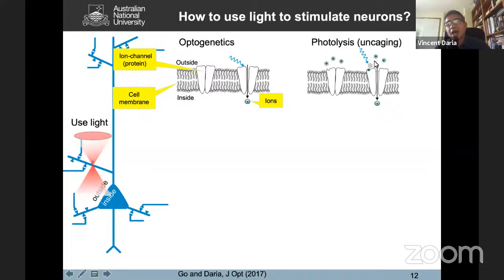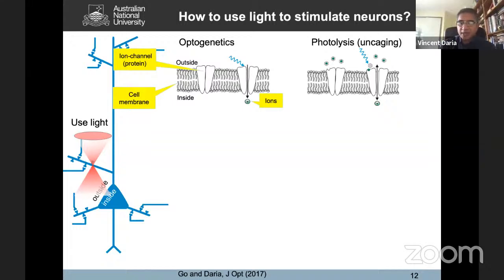It will allow these channels here, which are already present in the brain, to open up. So this will bind to a receptor and then allow ions to go in. And that would, in principle, emulate a synaptic input. Once you shine light, it will allow ions to go in, and it will practically emulate a synaptic input as if it were coming from another cell.